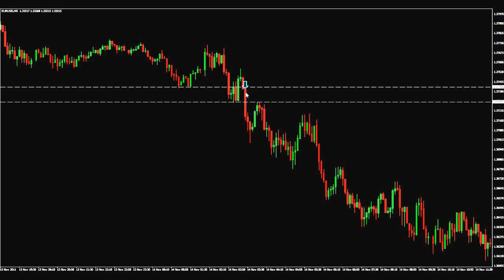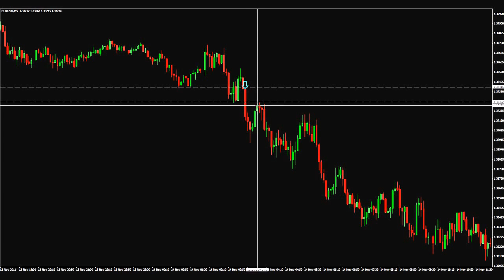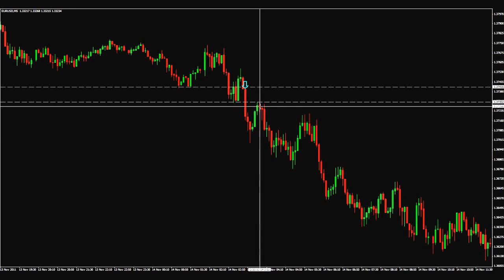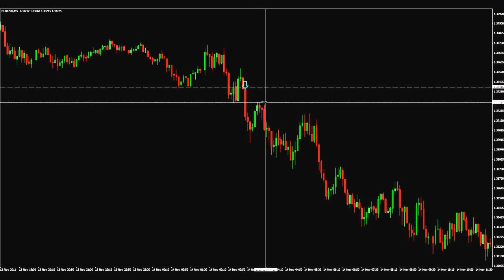So we've got a pretty good move down, and as you can see, we've got a pretty good move back up, which had a wick that came up and touched this level, so that's the first good sign. Then we had another wick that came back up and touched this level, and again it did not break that support level right there.